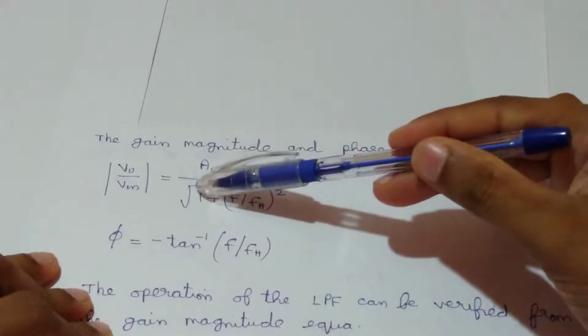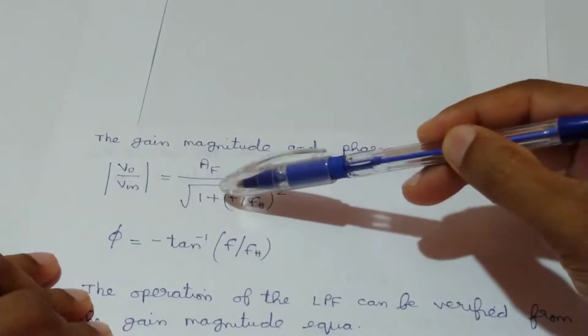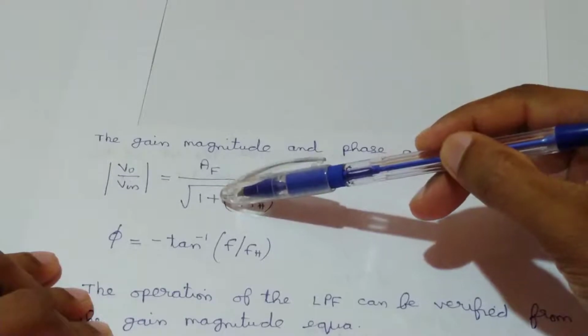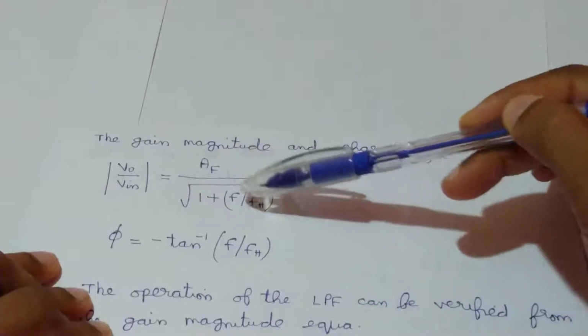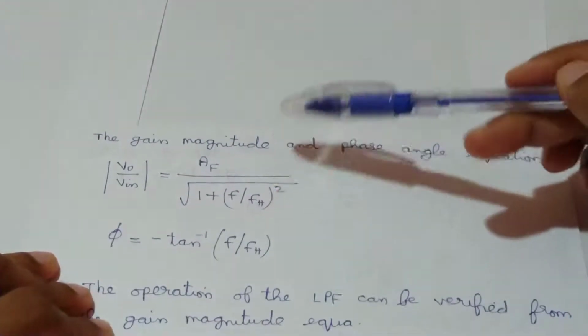So at the denominator we will get root of 1 plus 1, or root of 2. So Vout by Vin will be equal to AF divided by root 2 when f is equal to fh.